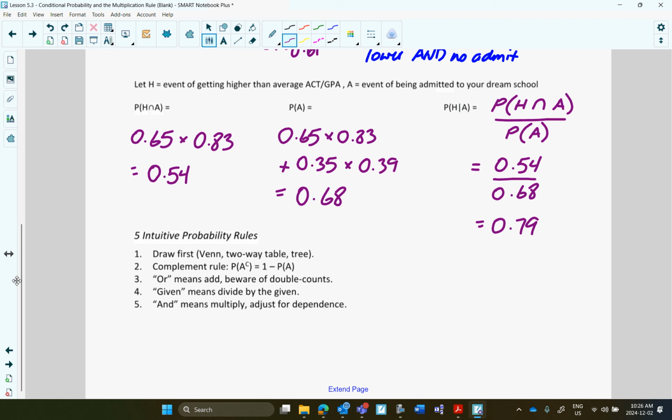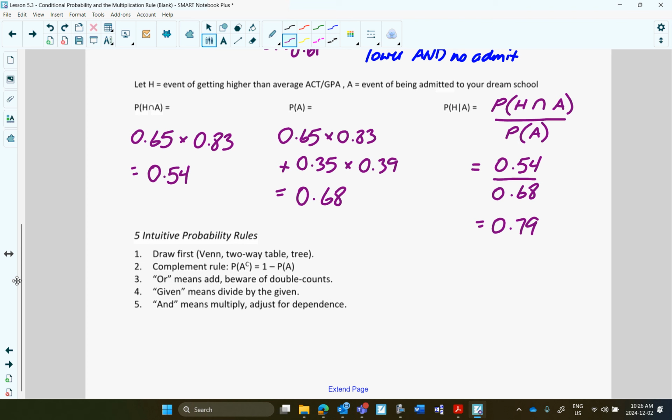Remember the complement rule. Remember that OR means add and subtract any double counting, if there is any. Given means divide, and means multiply. But if the events are dependent on each other, you have to adjust for that, like we had to do here. Okay.